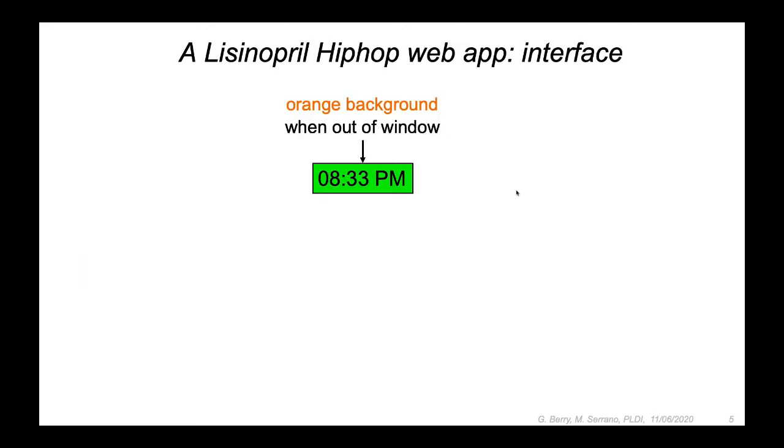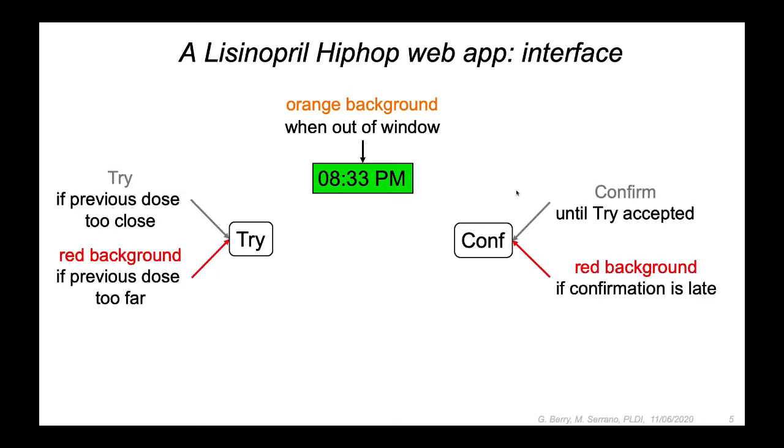Here is its interface. First, you have a time display with a green background when in the 8 p.m., 11 p.m. window and orange otherwise. And two buttons, try and conf. Try means I want to give a dose and conf means I confirm I have given a dose. These buttons are smart.